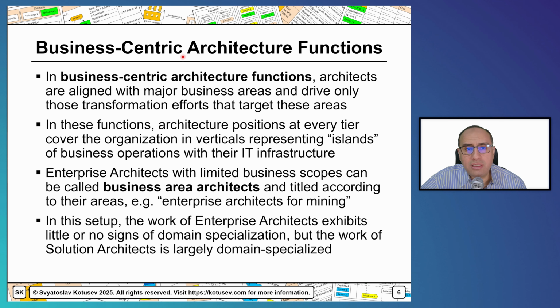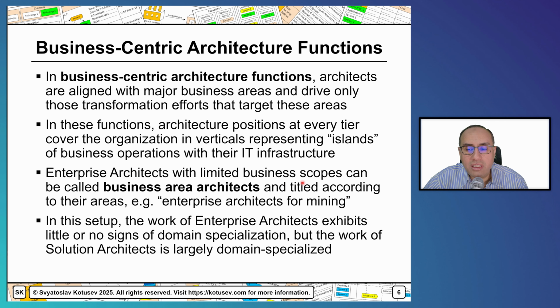In the business-centric architecture function, you will find the architects are aligned with the major business areas and drive only those transformation efforts that target these areas. So they are driven by the business. In this function, the architecture positions at every tier cover the organization vertically, representing islands of business or operations with their IT infrastructure, and you will find they are covering the full stack.